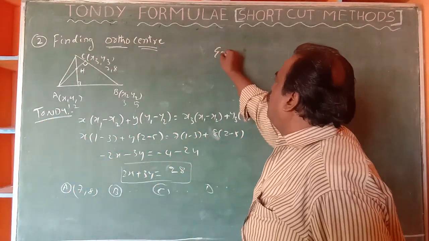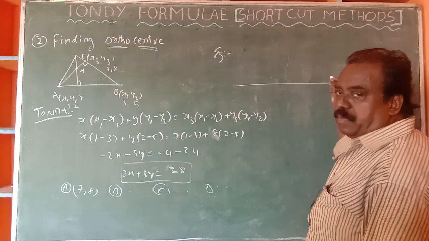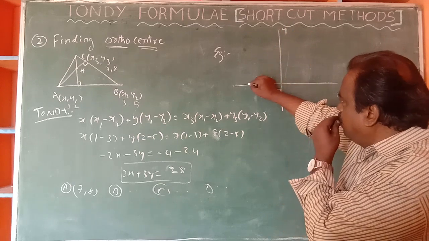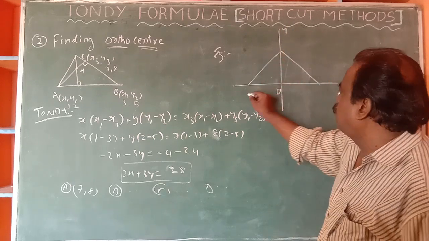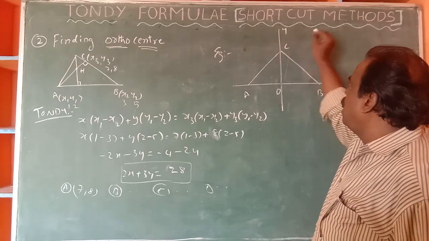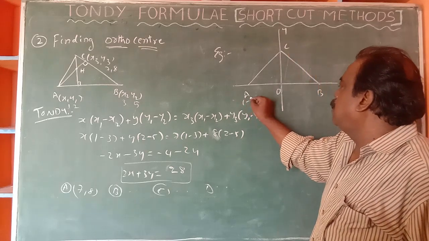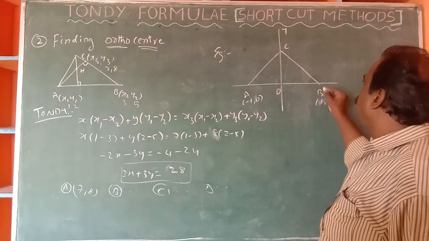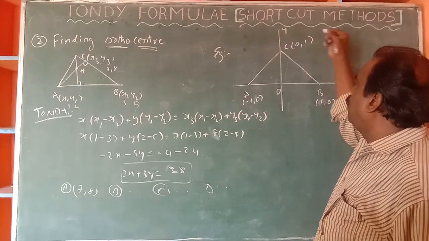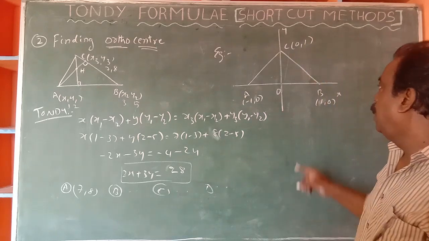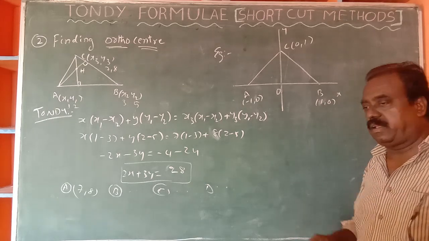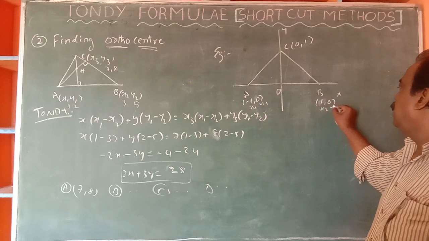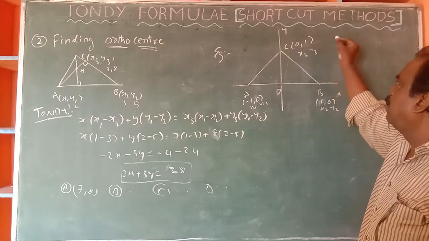Now we are taking one example. Take the y-axis and x-axis. Suppose the triangle is A, B and C, with points (minus 1, 0), (1, 0) and (0, 1). These are the vertices of a triangle, (x1, y1), (x2, y2) and (x3, y3).